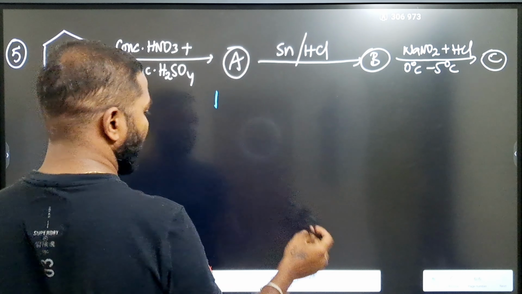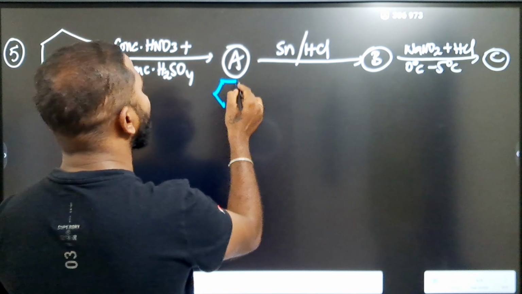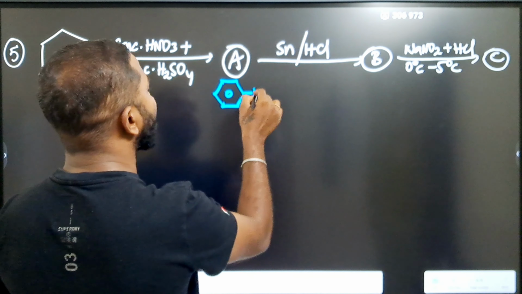So here we can clearly say that compound A is nitrobenzene, compound B is aniline, and compound C is benzene diazonium chloride, right?